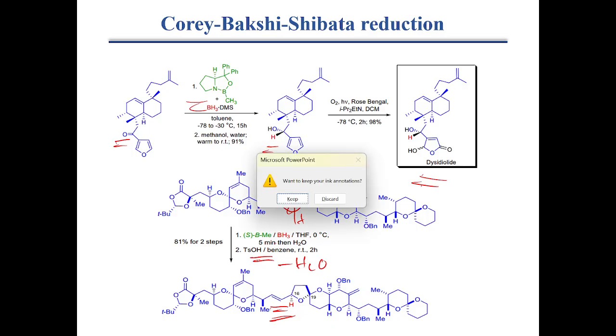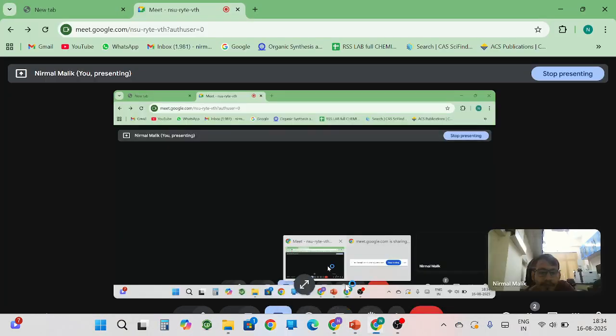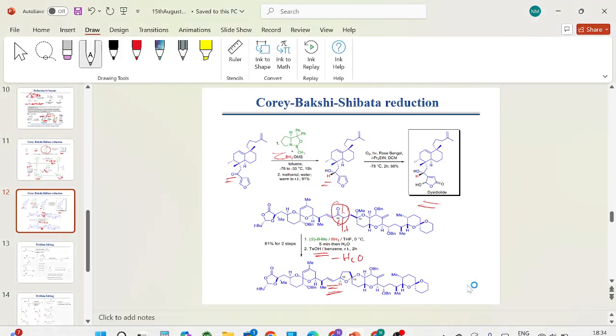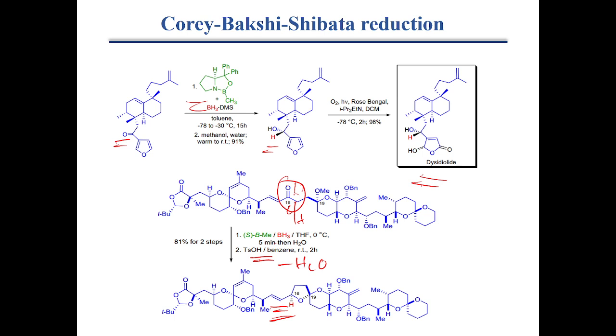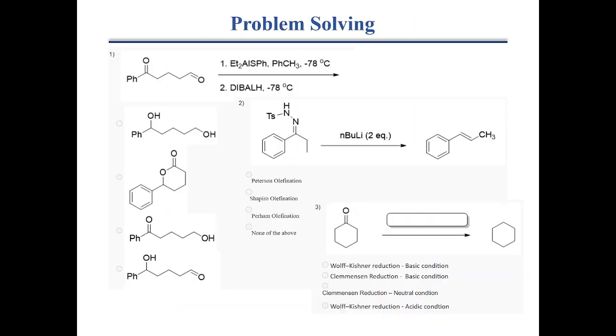So I think this is clear. This is the basic reagent system we can discuss. First, Corey-Bakshi-Shibata reagent is the main reagent used in boron reduction. So I have discussed. Now we will go to the problem solving class.